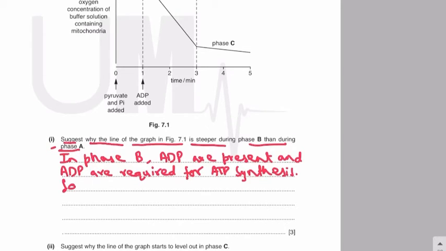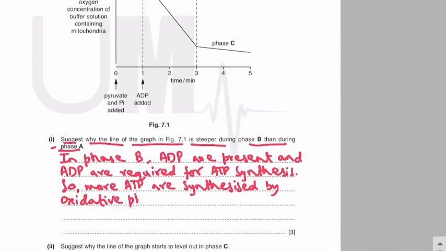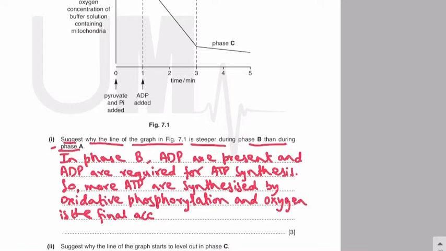So more ATP are synthesized by oxidative phosphorylation, and oxygen is the final acceptor of electrons in oxidative phosphorylation.